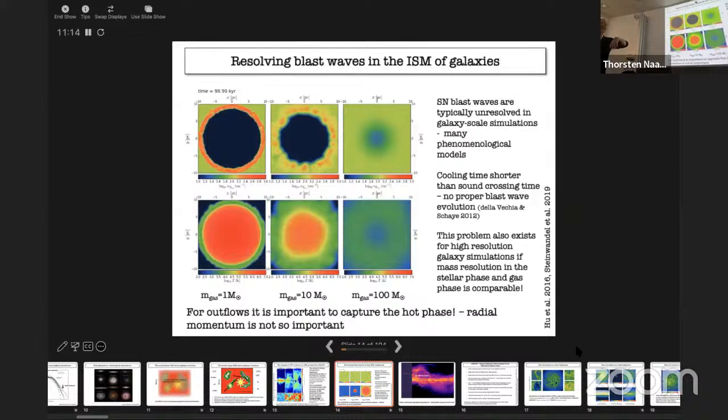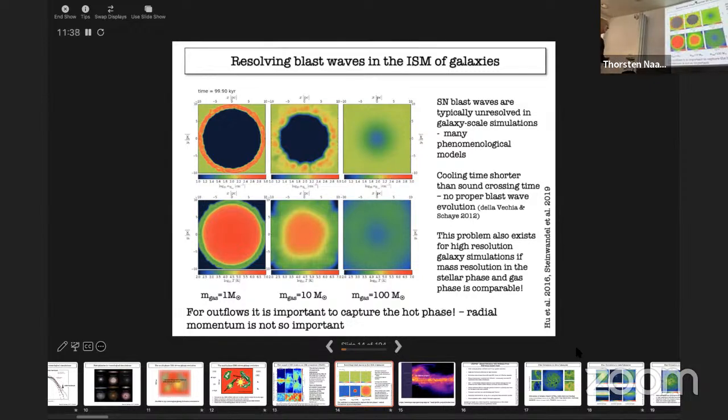In my view, it's critical that high resolution simulations resolve this, because then you don't have to rely on subgrid models for the evolution of this. And you can imagine that the hot phase properties of a simulation like this and this are very different. Outflows will be very different, and so on.